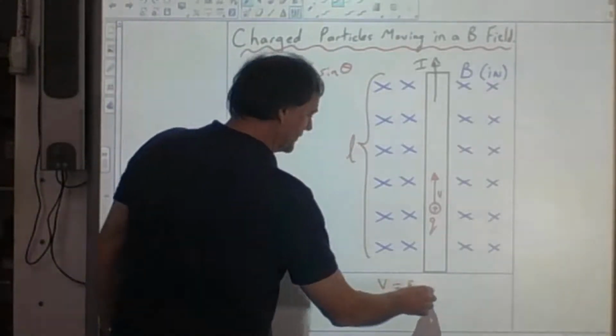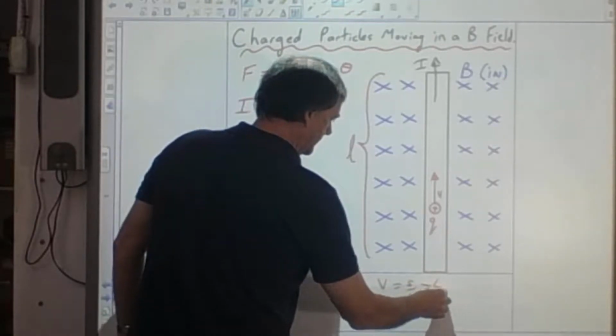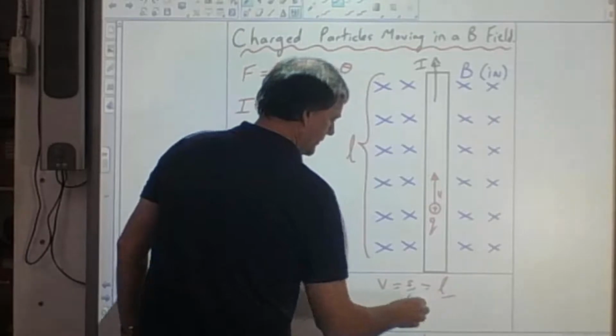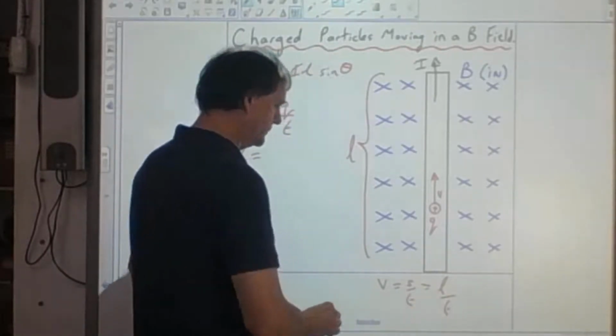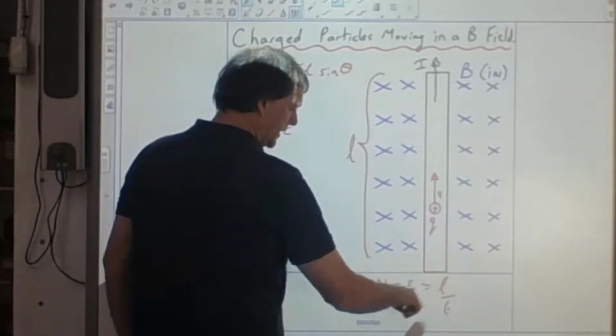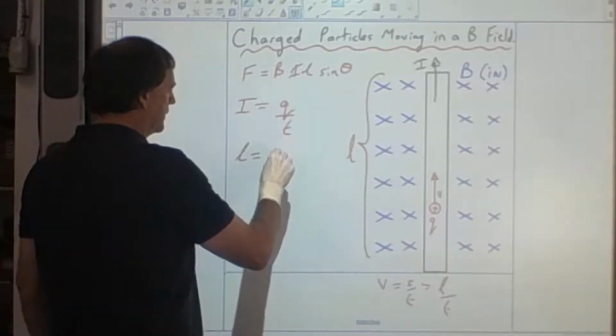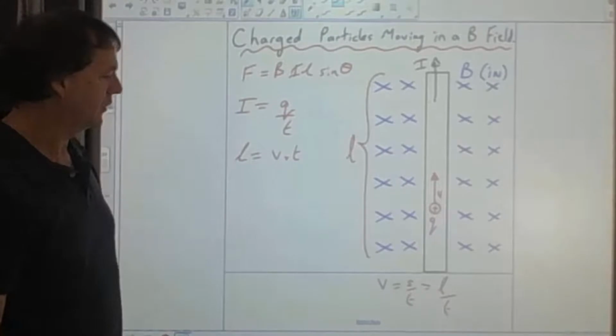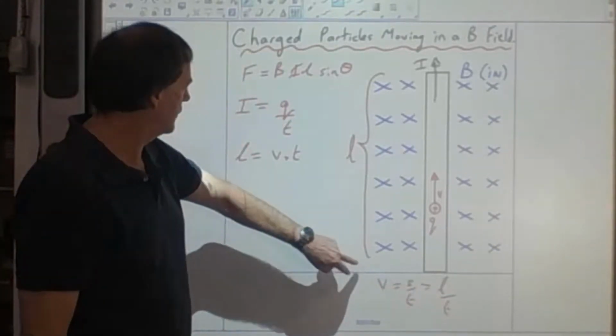So the length it's going to travel is the displacement, L, over t. So you've now got v is equal to L over t. So for L, I could use v times t. L is equal to v times t.